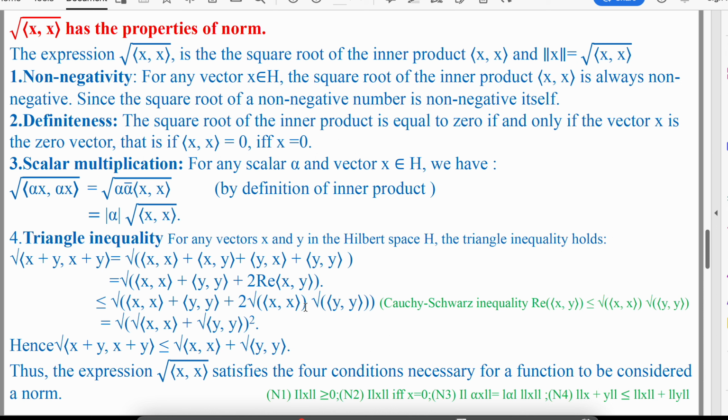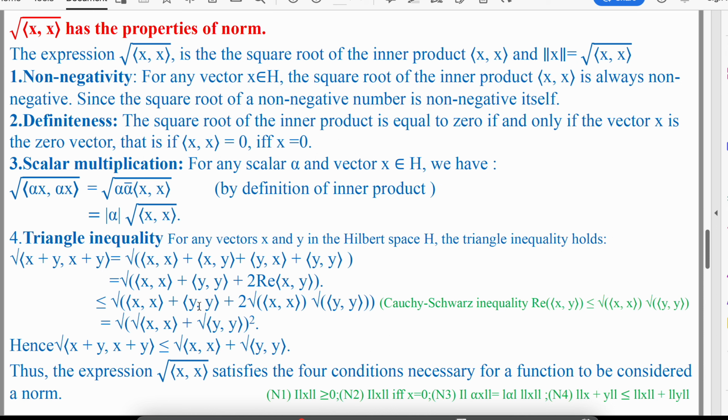In place of a, I have the square root of the inner product of x with x. In place of b, we have the square root of the inner product of y with y, and this is the square of this because here we don't have a square root in this term, and the square root is on the whole term.